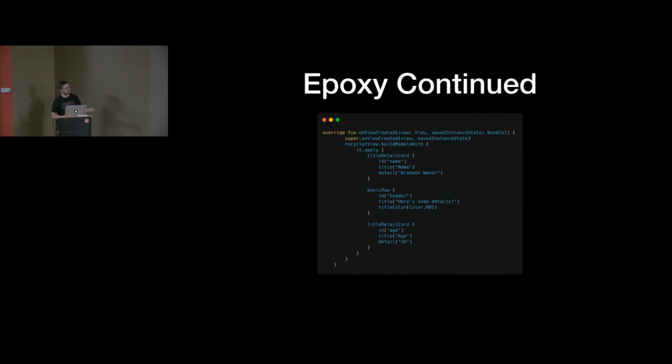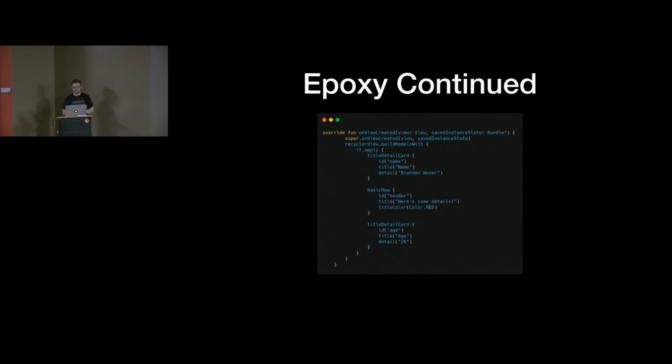And then with Epoxy, you guys see that I just told the controller I want a title detail card, name, and my name. Then I want that basic row that says here's some details, and I want the title detail card. So it's really easy to say I want to swap these in and out because it does them in the order you lay them out in.